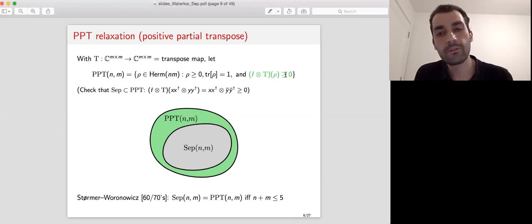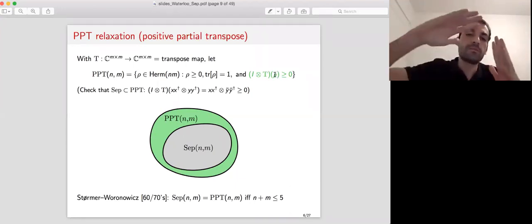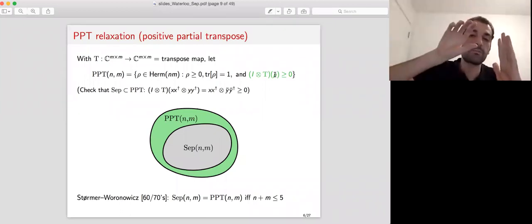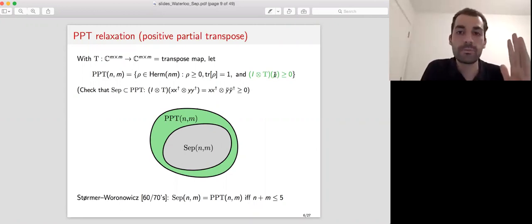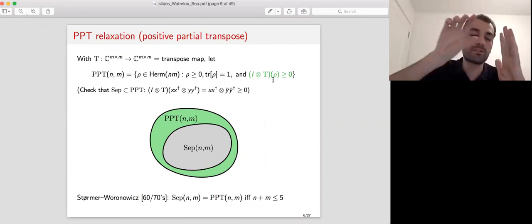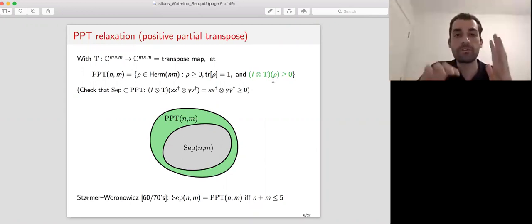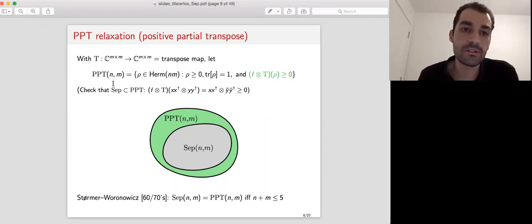So the way you can think of this is as follows. If you think about rho as an nm by nm matrix, and you think about it as blocks of size m by m, this partial transpose operation transposes each of the blocks. So you do this linear operation on the blocks, and you require that this is a positive semi-definite matrix. It's very easy to check that SEP is actually included in PPT.